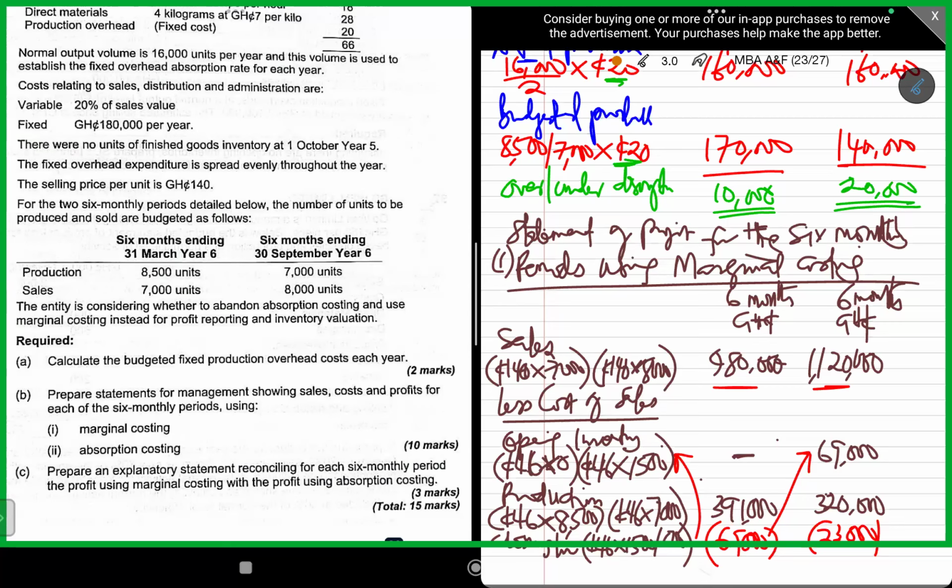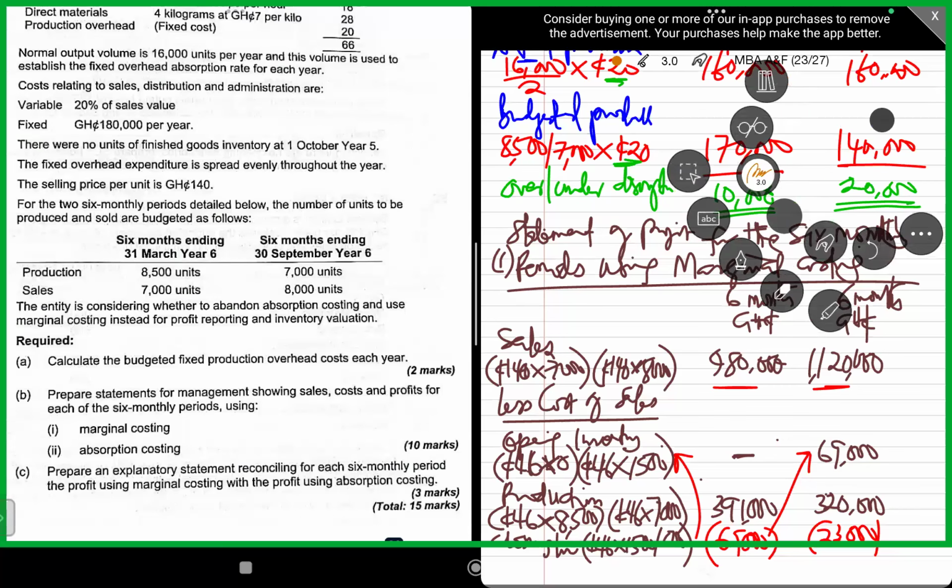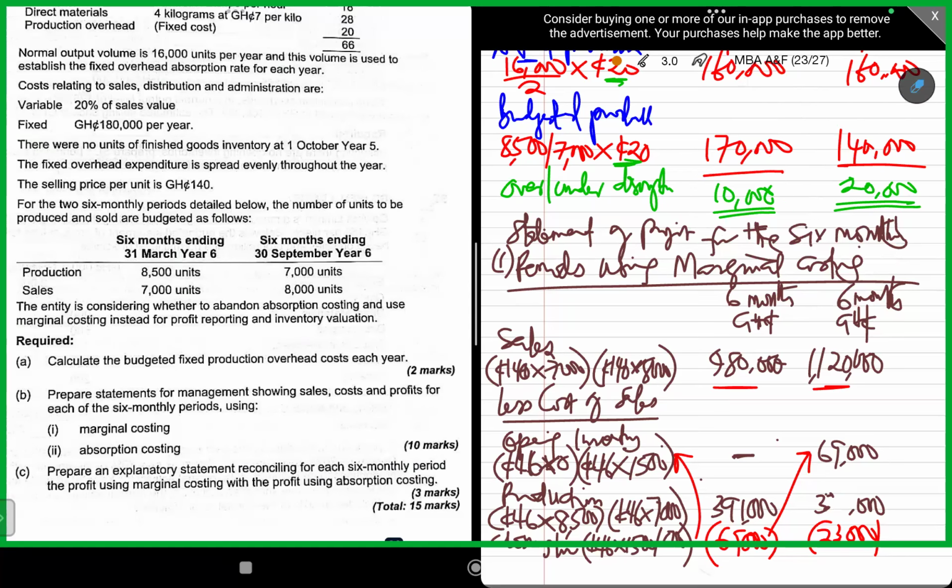Is it 322 or 320? 46 times 7,000 is 322,000. And so we made a mistake. Have you seen it? We recorded 320, so it should be 322.